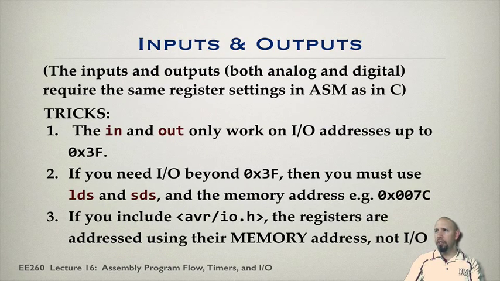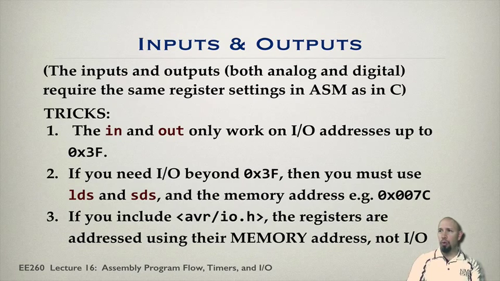So, inputs and outputs. Both analog and digital inputs and outputs require the same register settings in assembly as in C, but there are some tricks. In assembly, the in and out instructions only work on I/O addresses up to 3F. But there are lots of registers, like some of the timer counter registers, that are above that, which is kind of weird. I don't know why they limited it, but it is.